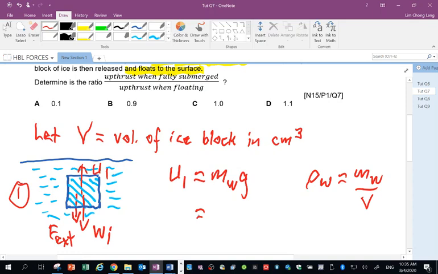So now I can have mass as density of water times volume, giving me the mass mW. So this mW times g, which is U1, gives me the relationship between upthrust, density of water, and volume of the ice block.